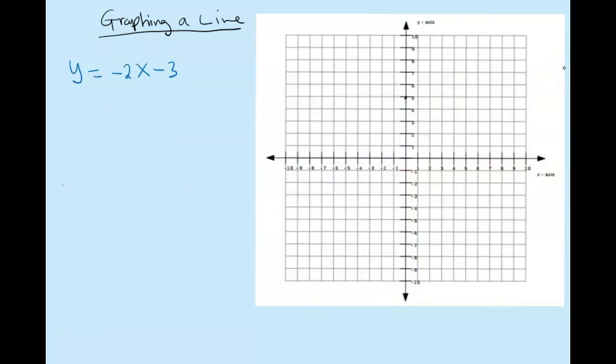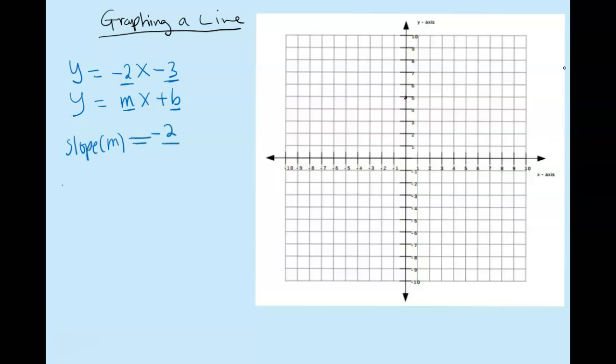Our y is equals to negative 2x minus 3. So here we write our y is equals to mx plus b. So here this is our slope, and this is our first point. So our slope is negative 2.